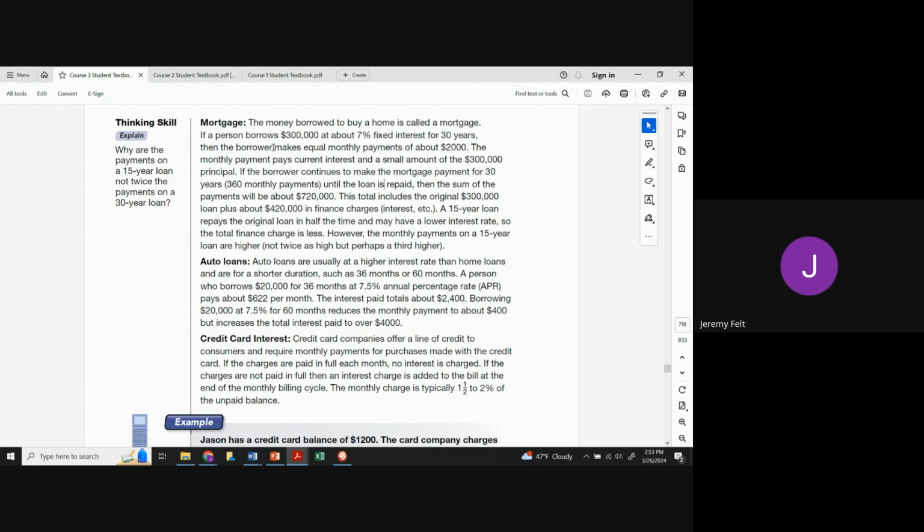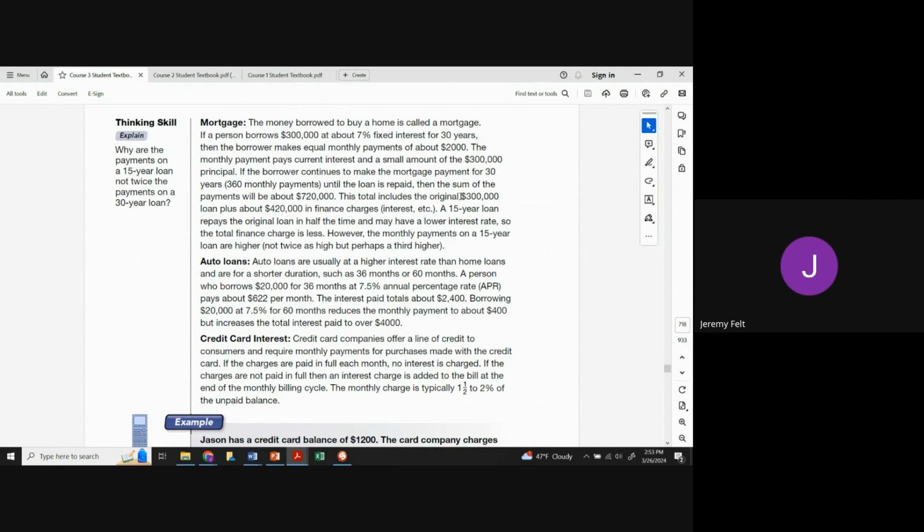The borrower makes equal monthly payments of about $2,000, which cover the current interest and a small amount of the $300,000 principal. If the borrower continues to make the mortgage payment for 30 years, 360 monthly payments, 12 months in a year over 30 years, until the loan is repaid, the sum of the payments will be $720,000.